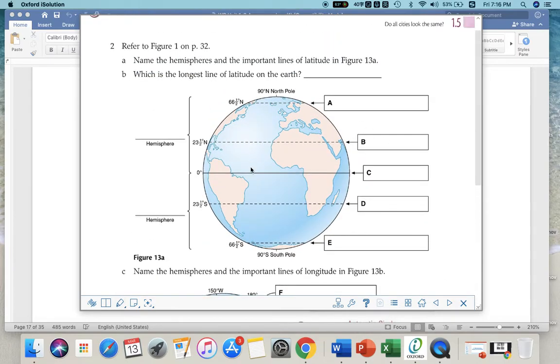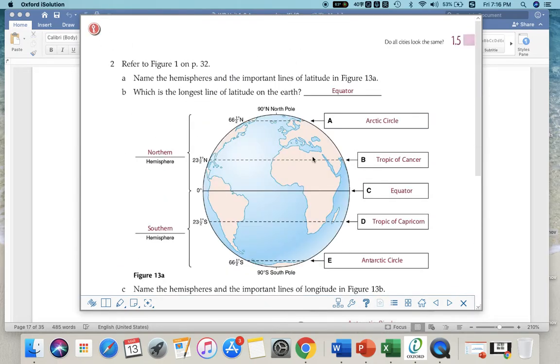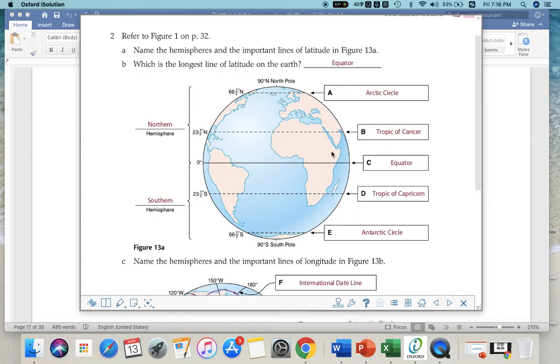Because the world is round in shape, you can see the longest line actually is the equator. Here, Arctic Circle, Tropic of Cancer, equator again, the Tropic of Capricorn, and the Antarctic Circle. You can copy it back to your book, page 47, if you don't know the answer.